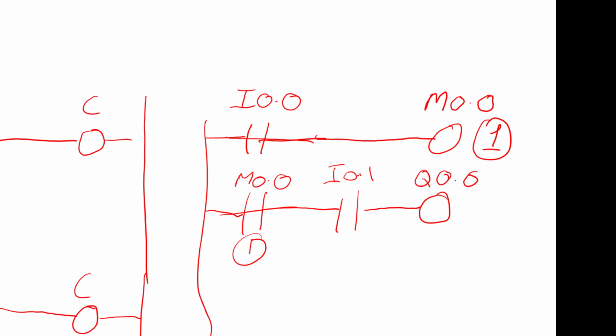If then the physical input 0.1 is made, the physical output Q0.0 becomes 1, or true. So memory flags are incredibly useful if you just want to tag something as being true, but you don't want a physical output to be actually made at that point. Hope that makes some sort of sense.